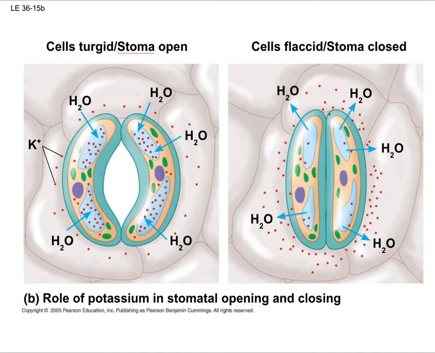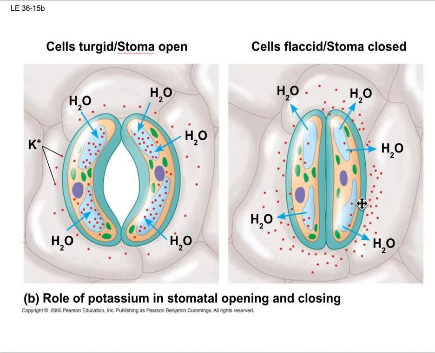All right, and so how does it control this? Well, primarily potassium gets pumped across membranes. When it wants to open its stomata, it will pump potassium into the guard cells, and that will make water follow them, and therefore they'll be turgid, and it'll open the stomata.